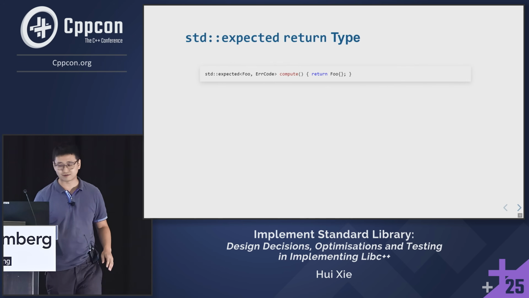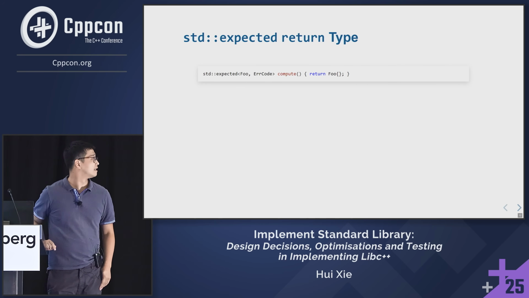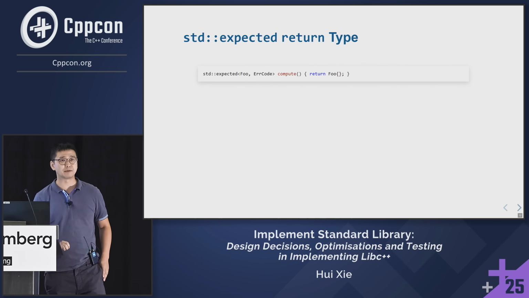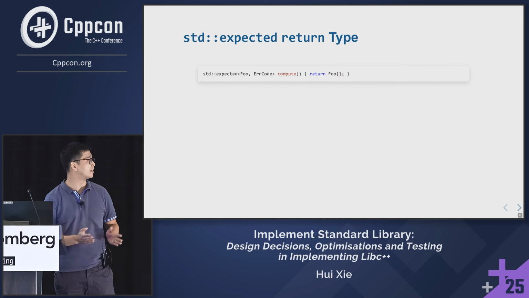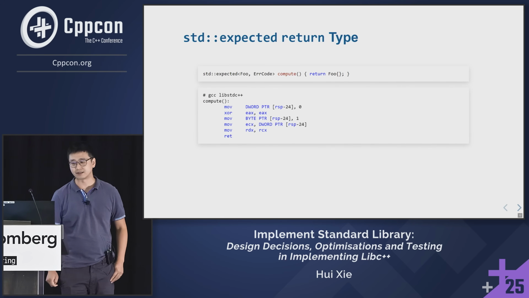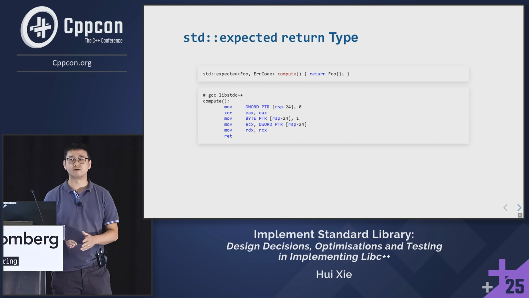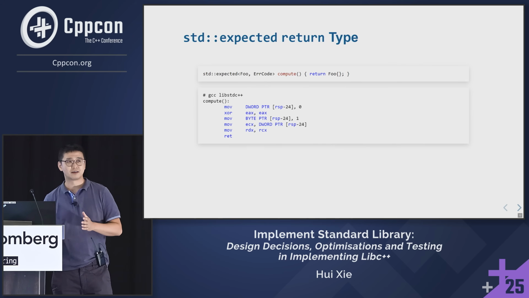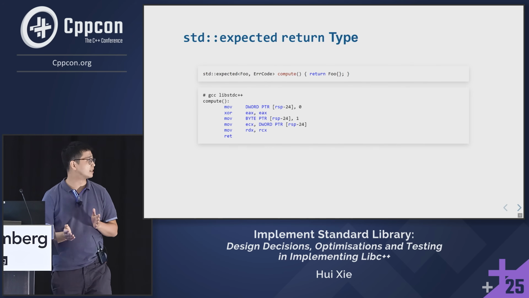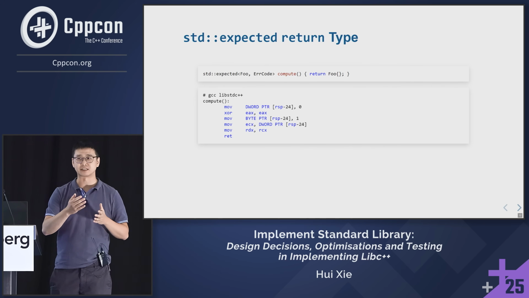Imagine we have this function, compute, which returns a std::expected. For simplicity, my function just creates a value Foo inside. With GCC's implementation, that's the code generation. Thanks to the return value optimization, GCC directly puts the value inside the caller's stack. However, you still need some code to manage the stack pointer.